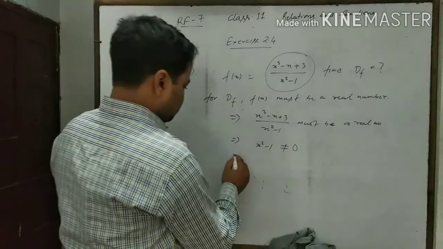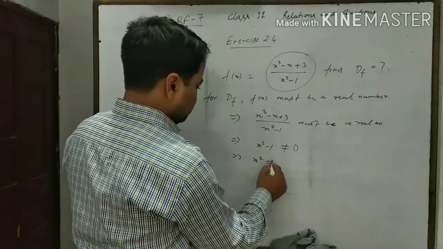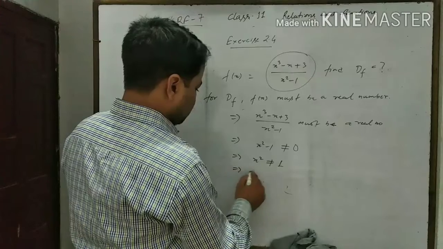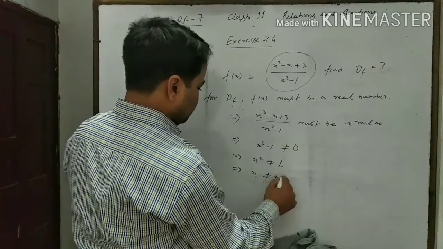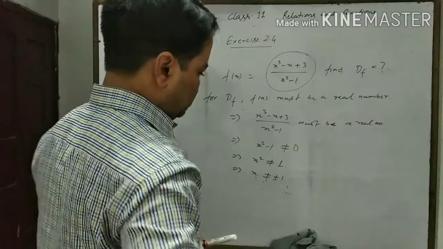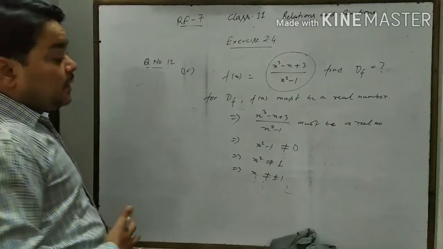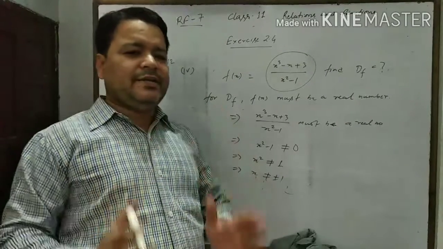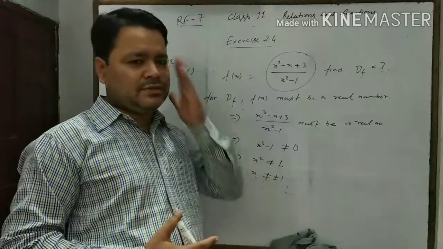So this implies that x square is not equal to 1, and this implies that x is not equal to plus minus 1. It means we can take all the values of x.